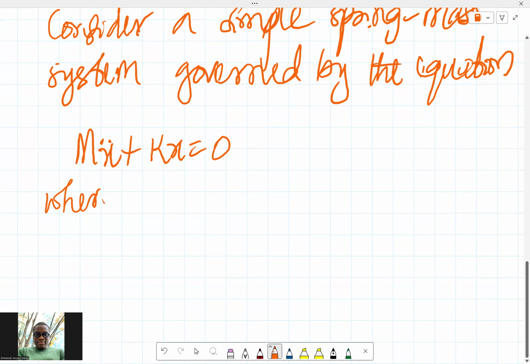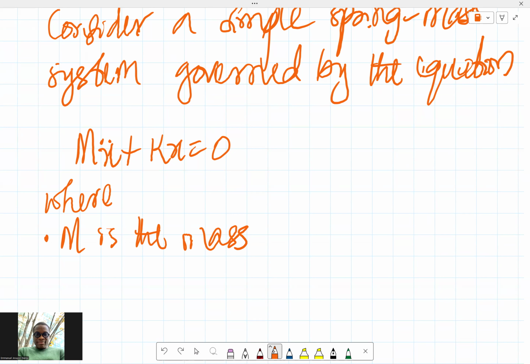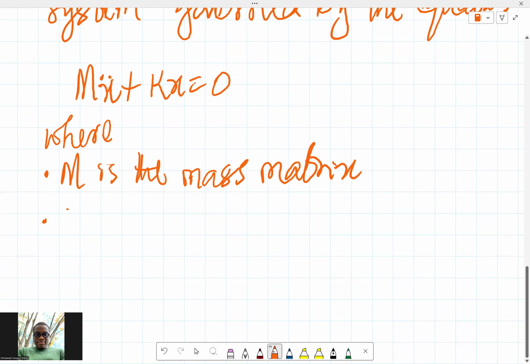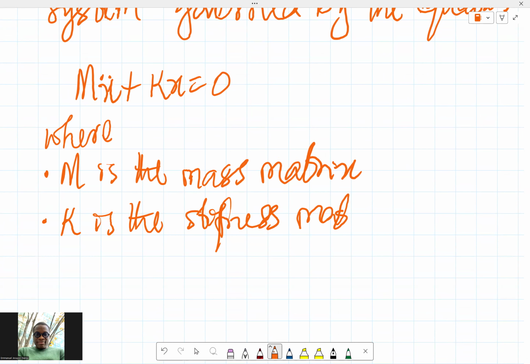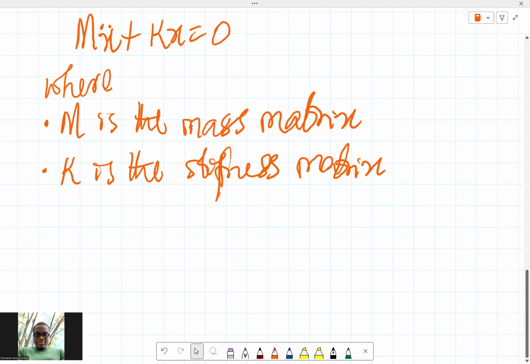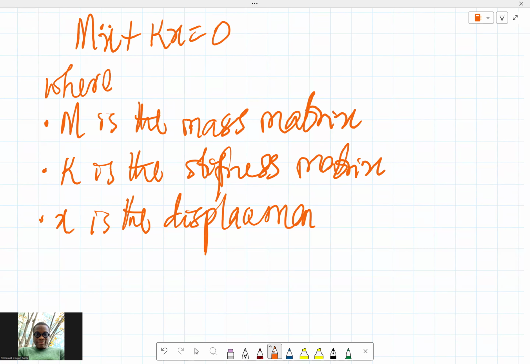Where M is the mass matrix, K is the stiffness matrix, we're talking about some kind of elasticity here, then x is the displacement vector.